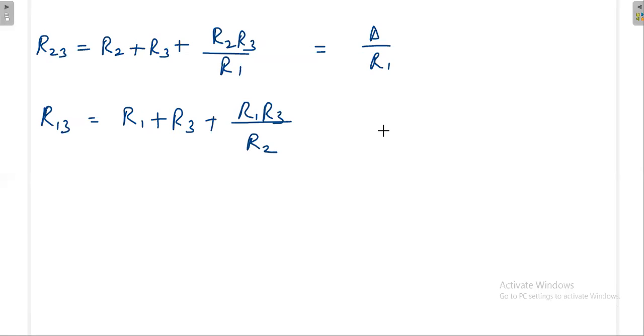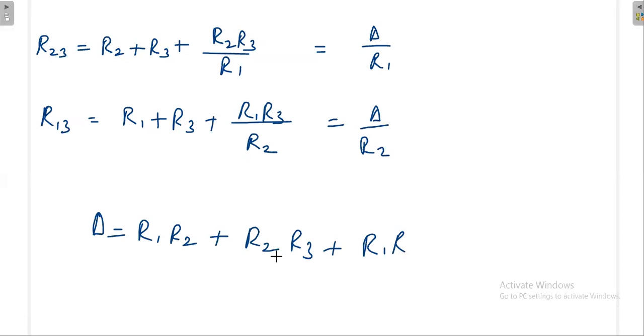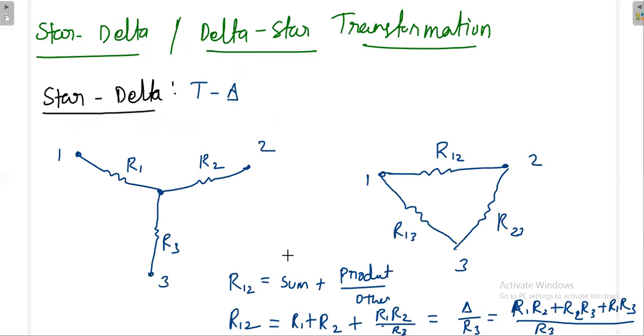What is delta? Delta is always R1 R2, R2 R3, and R1 R3. Now, after writing this, you have to make sure whether this formula is really correct.